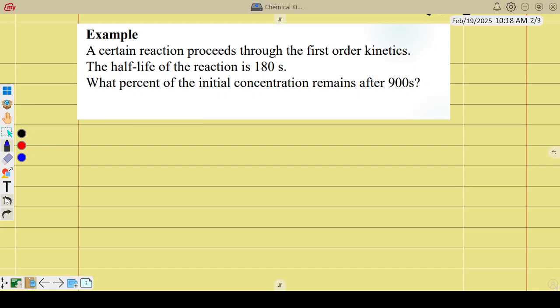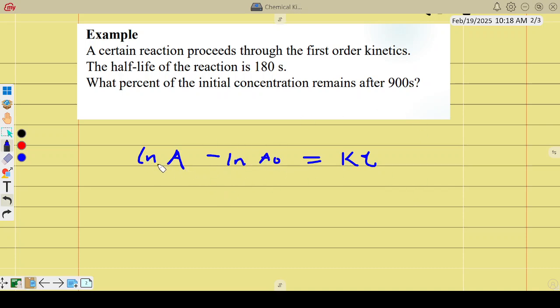Now what you have to understand is that, you remember when we were integrating, going all the way back. For the first order reaction, ln A minus ln A naught is equal to kt. We've just been using it with ln A as the subject. We take this to the other side.